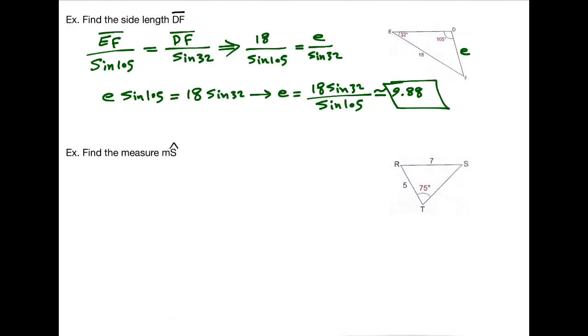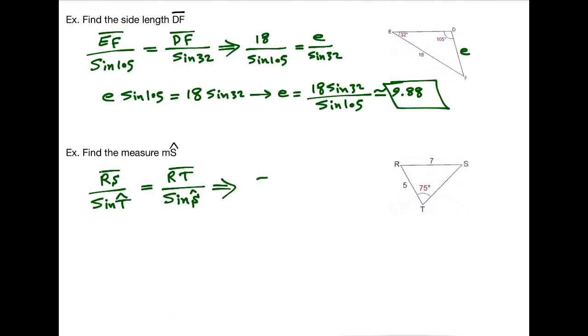Let's start with RS. RS divided by sine of angle T must be equal to RT divided by sine of S. Let's replace the values that we have here.